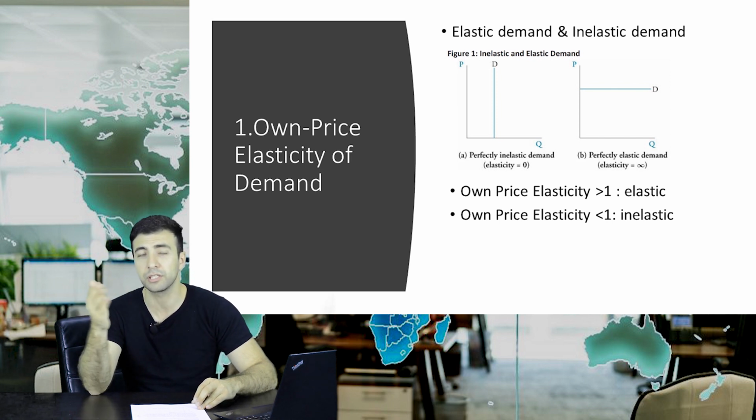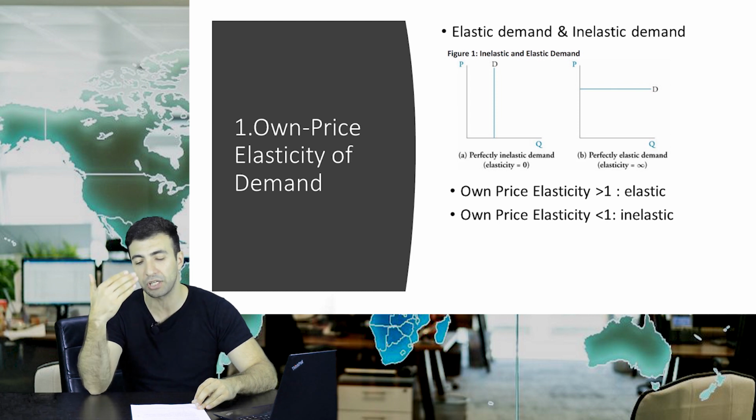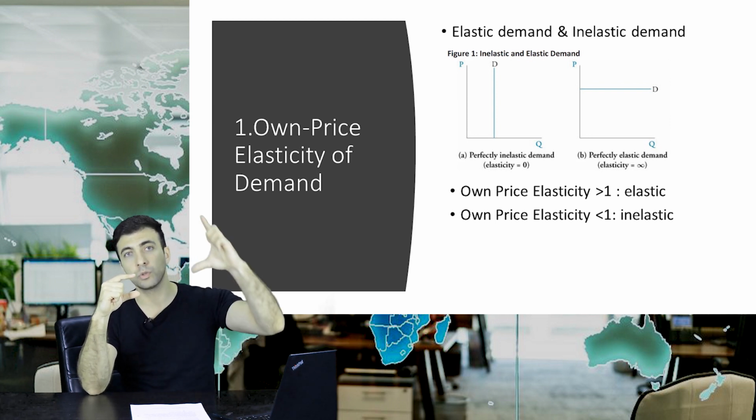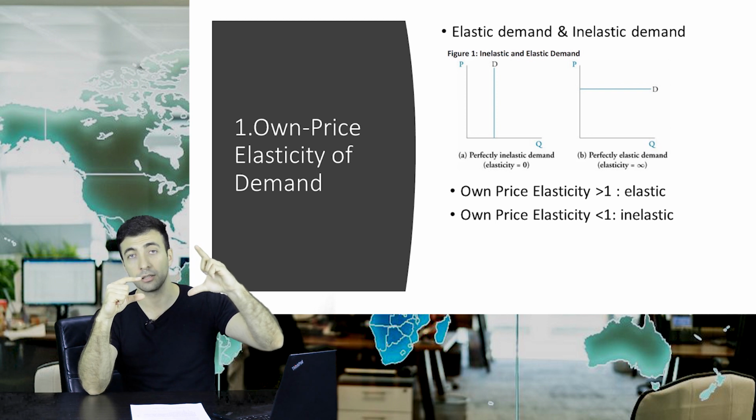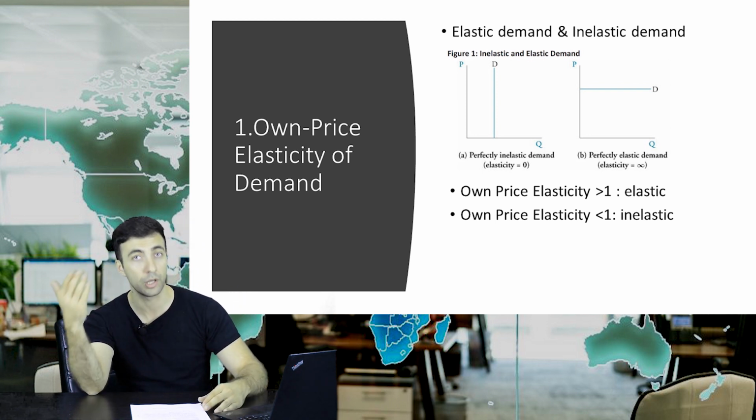If this ratio is greater than 1, it means that percentage change in demand is greater than percentage change in the price. In other words, if you increase the price, demand will respond more than the change in price. That's why the ratio is greater than 1.